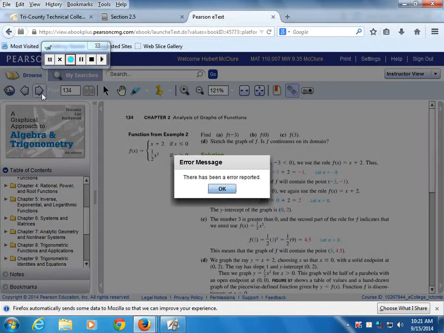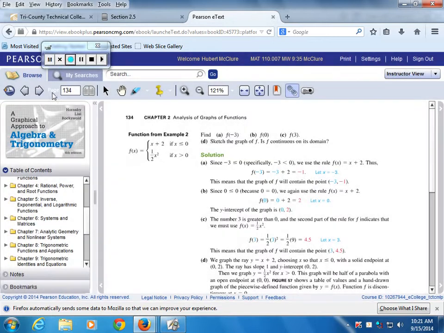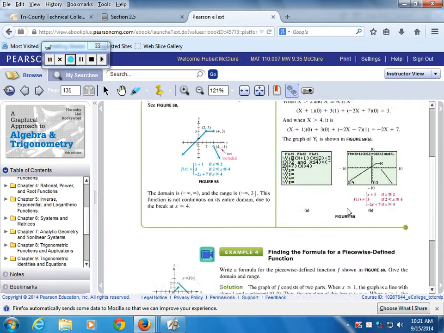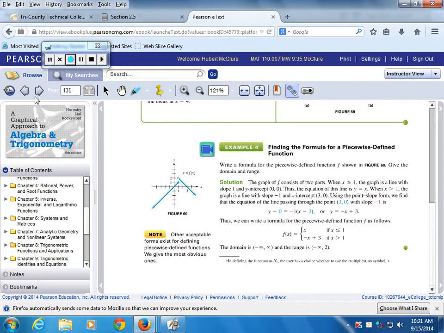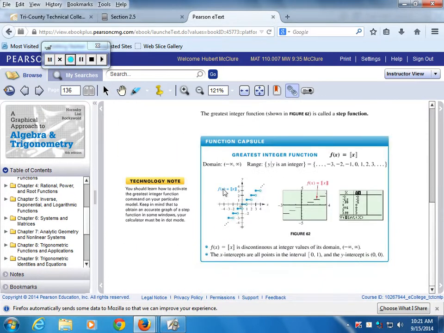I know they got one in here. They always do. That one. Absolute value of x.